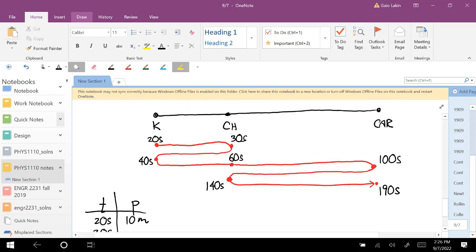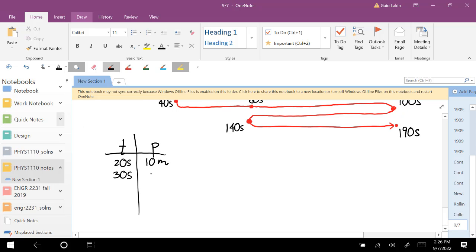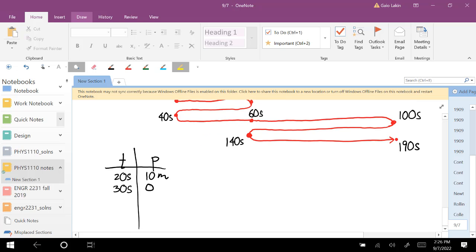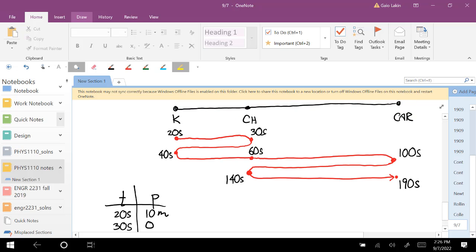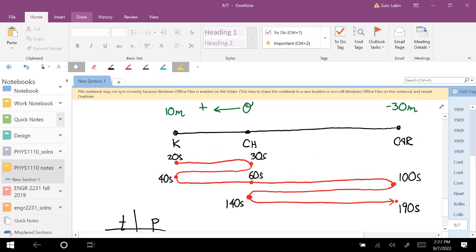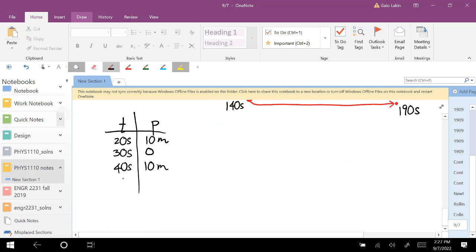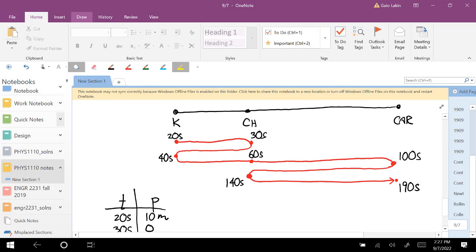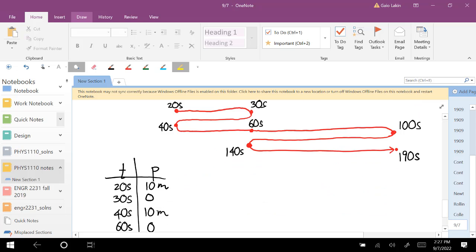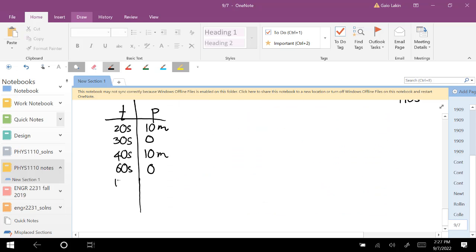So at 30 seconds, we're at position 0. At 40 seconds, we're back at position 10. At 60 seconds, we're back at position 0. At 100 seconds, we're at position negative 30.